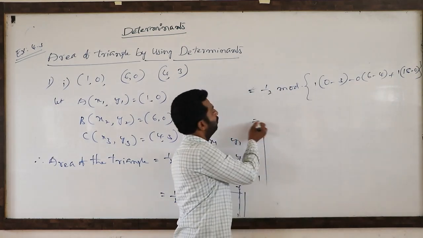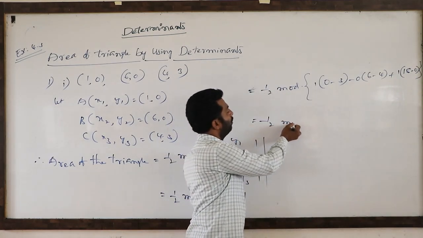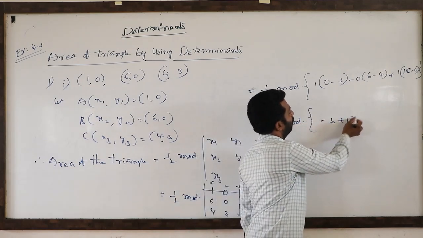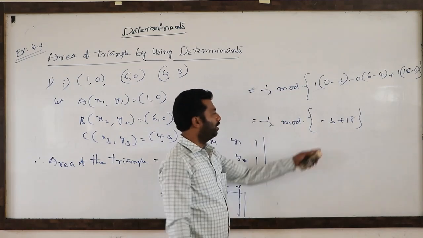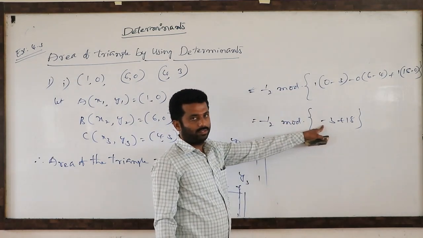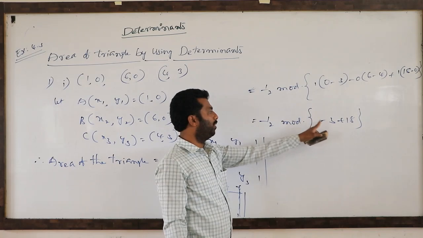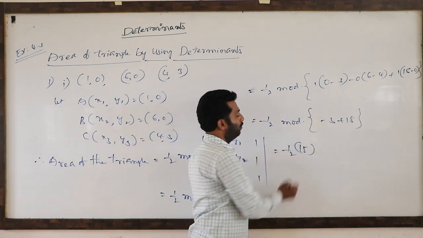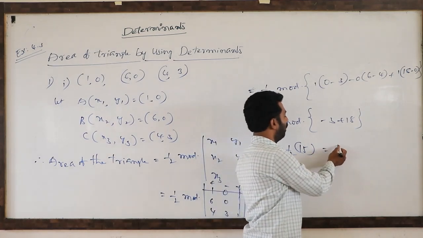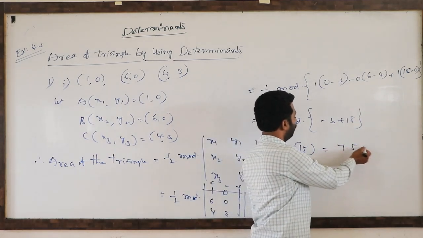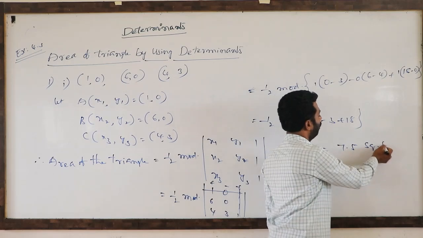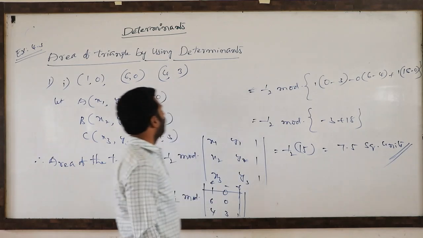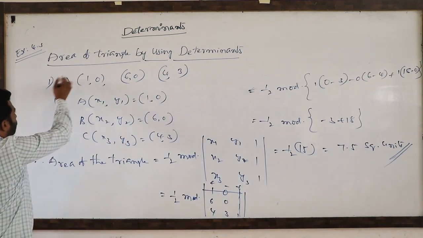Now observe, this is 1 by 2 into modulus of minus 3 plus 18. 18 minus 3 means 15, which is positive, so the modulus of a positive number is that number only. So 1 by 2 into 15 square units, you can write 7.5 square units. This is the area of the triangle formed by these vertices.